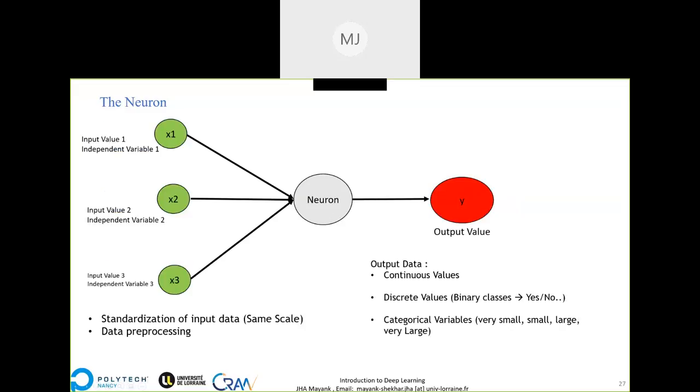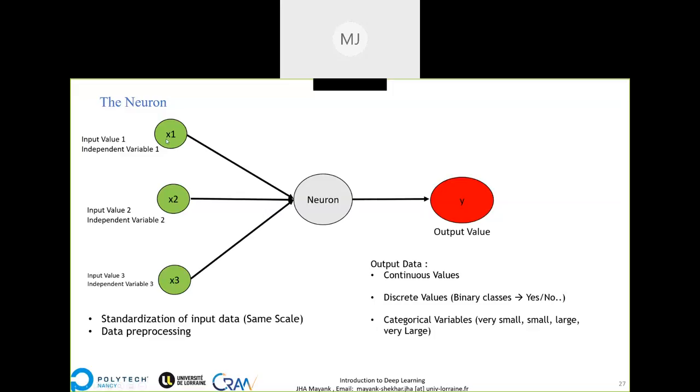When we are talking about inputs, we are talking about the input data like x1, x2, x3, which are independent variables, and they are related to the neuron in some manner.